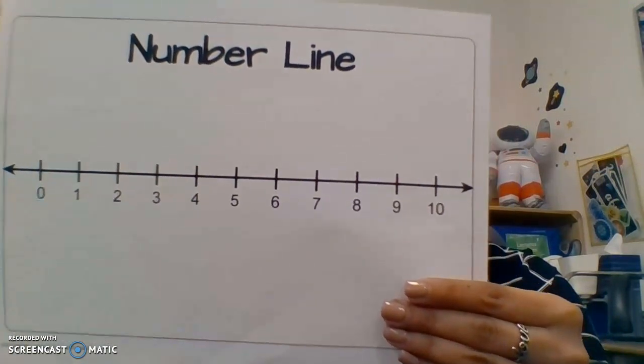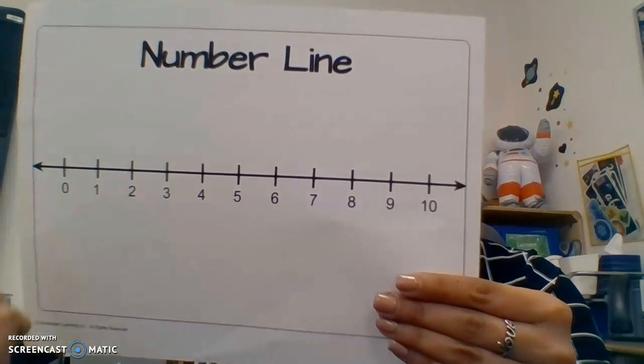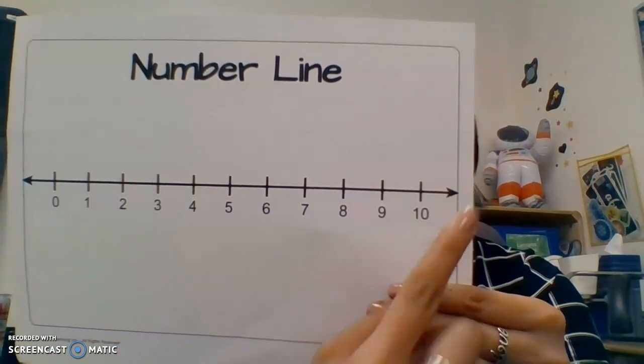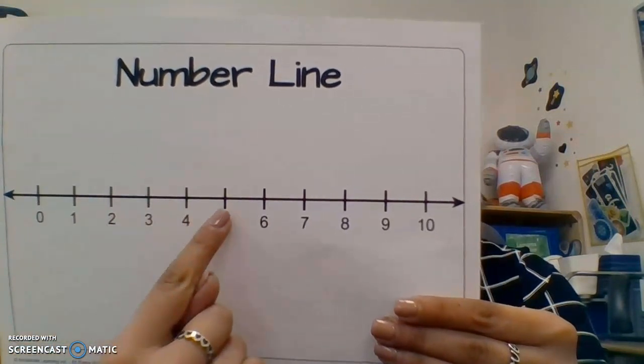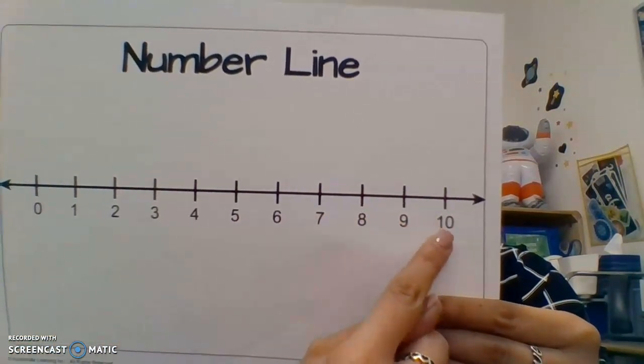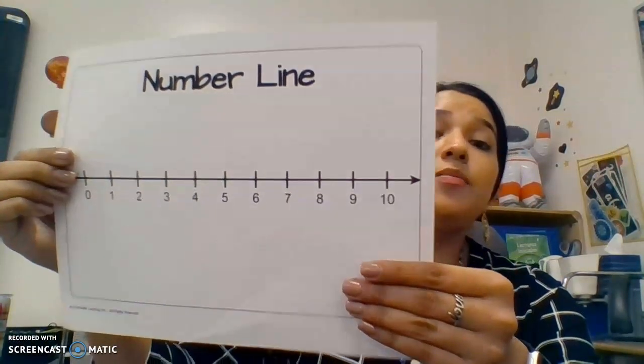So that's also important to remember. With a number line, we read it left to right, and we always go from the smallest number on the left to the biggest number on the right. Number line. Those are two important vocabulary words.